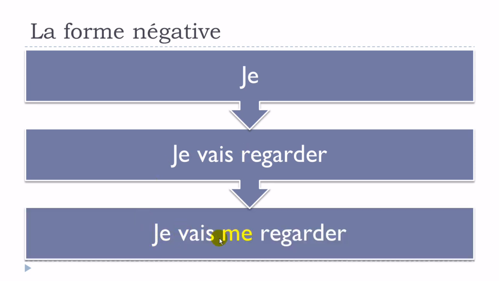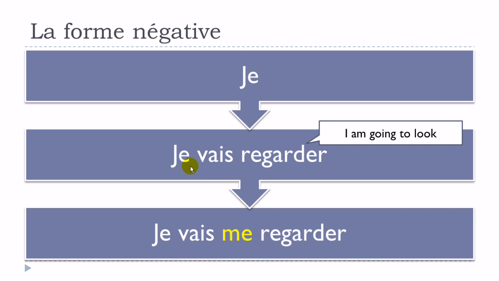Je vais, and then se will have to be modified according to the subject. Here the subject is the first person, je, so you will have to put me before regarder. Je vais me regarder. Here, je vais regarder, I am going to look.